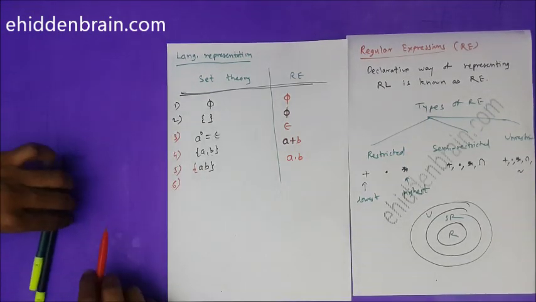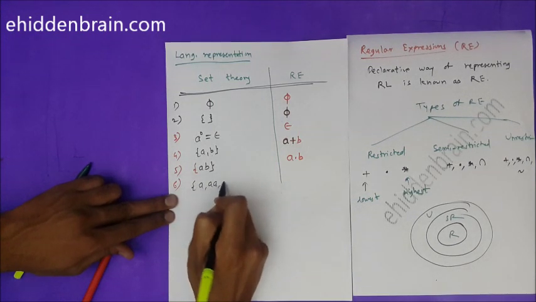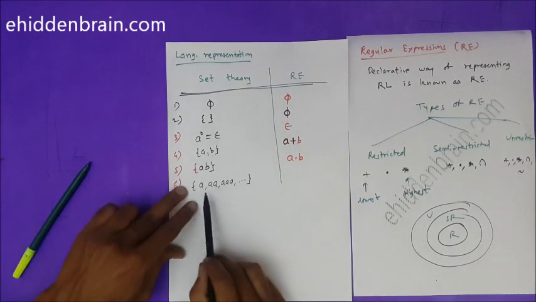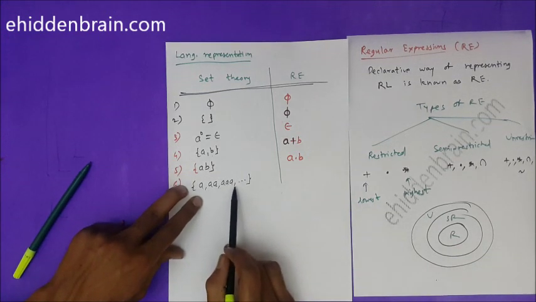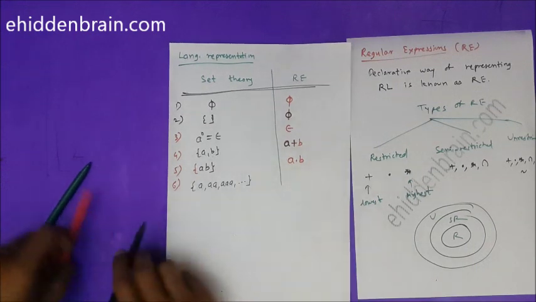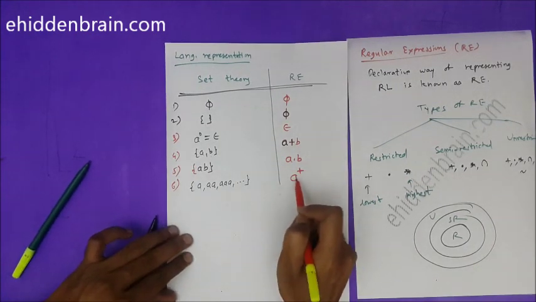Now the sixth set will be, let's say, A and the infinite number of A's, means this language accepts the strings which are all A's, just A's, right? And those are infinite language. Now this infinite language also can be accepted in regular expression, and the regular expression for this is A plus, right?